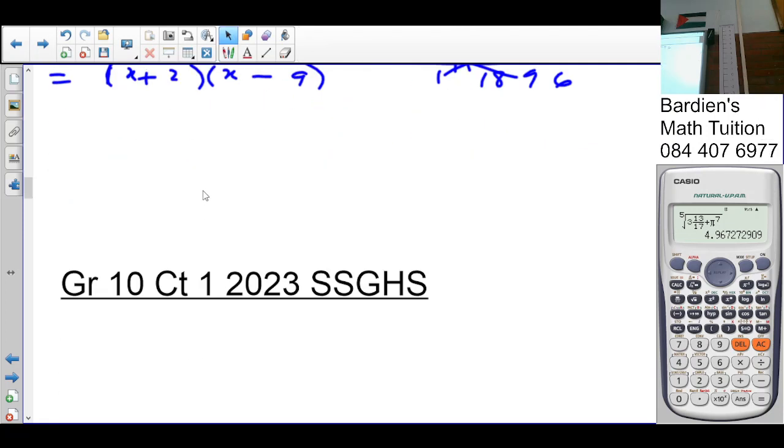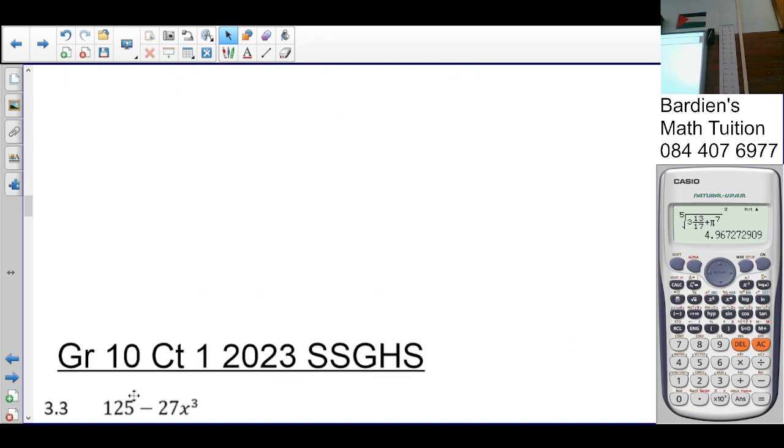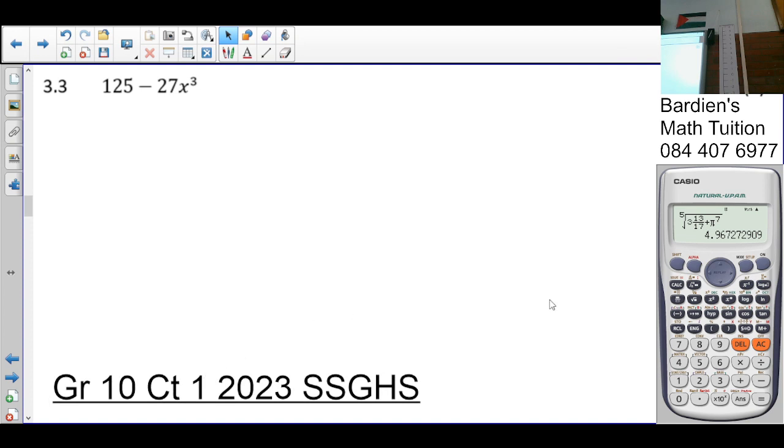Okay. Let's go to the next one. 3.3, as you can see here, the cube root of 125 is 5. The cube root of 27x cubed is 3x. So this is the difference of two cubes. Okay, so of course it's going to be a binomial by a trinomial.